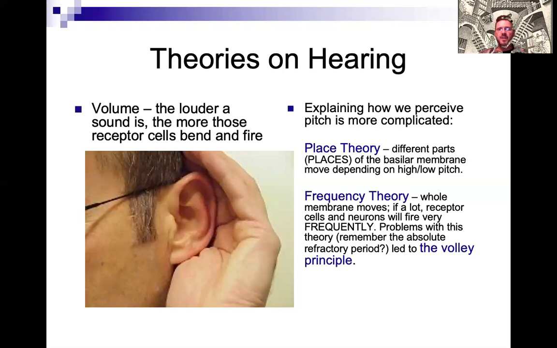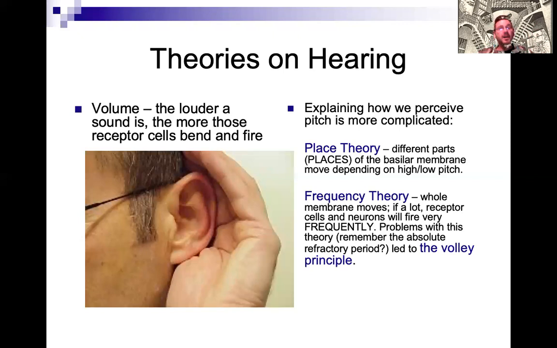But remember, when we learned about neurons, and receptor cells are a lot like neurons, we learned that there's this thing called the absolute refractory period. That's the little bit of time after a neuron fires. The same holds true for a receptor cell. When a receptor cell fires, bzonk, a message to the brain, it has a little fraction of a second where it cannot fire again, at least not right away.